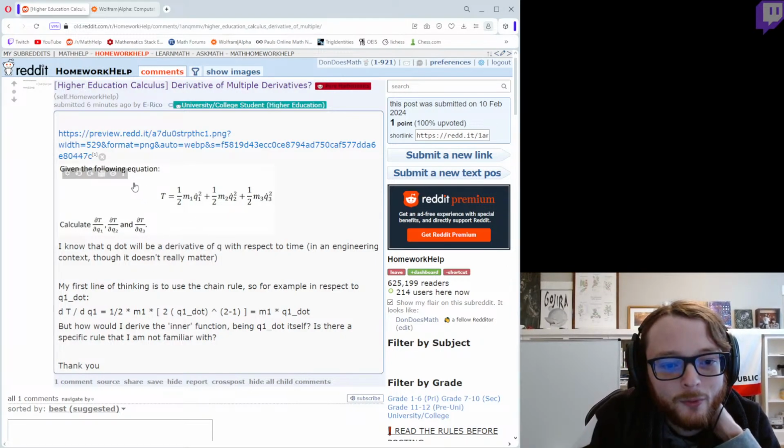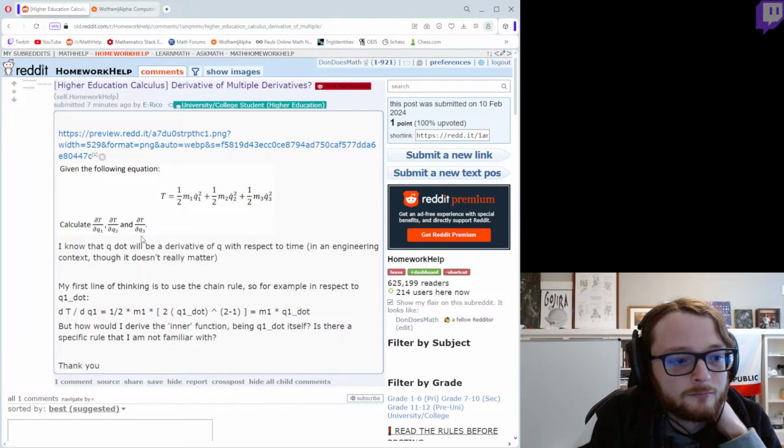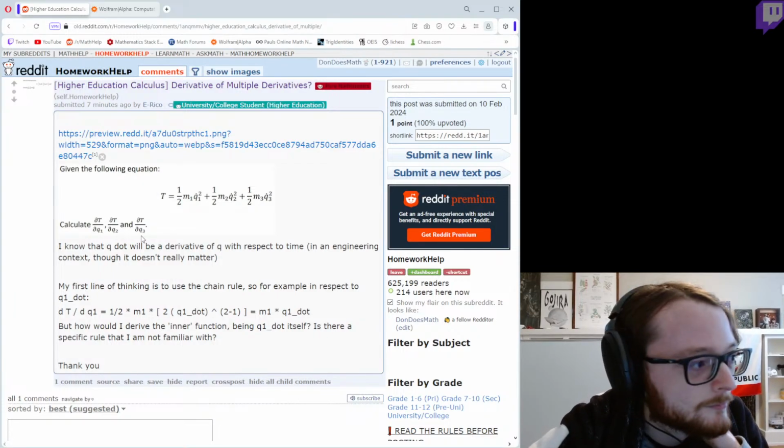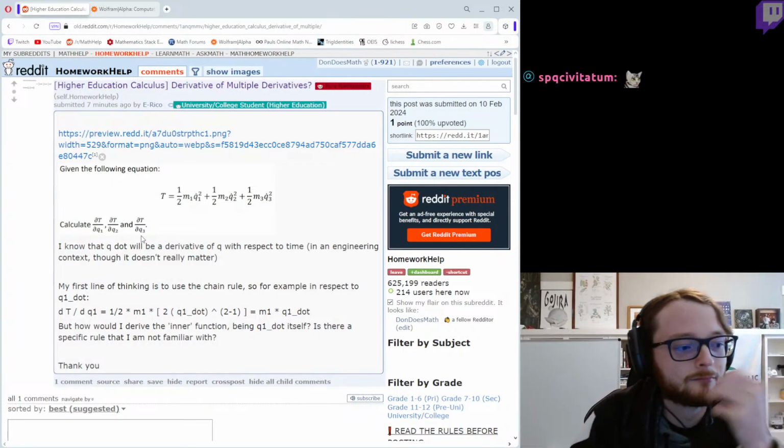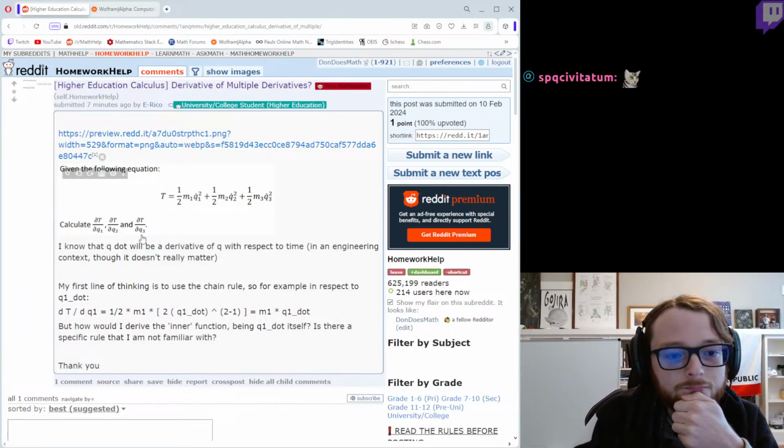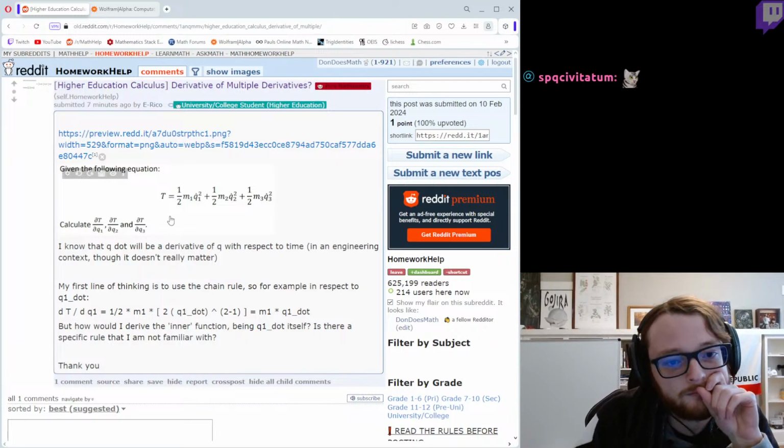Derivative of multiple derivatives. So the dots are with respect to time.